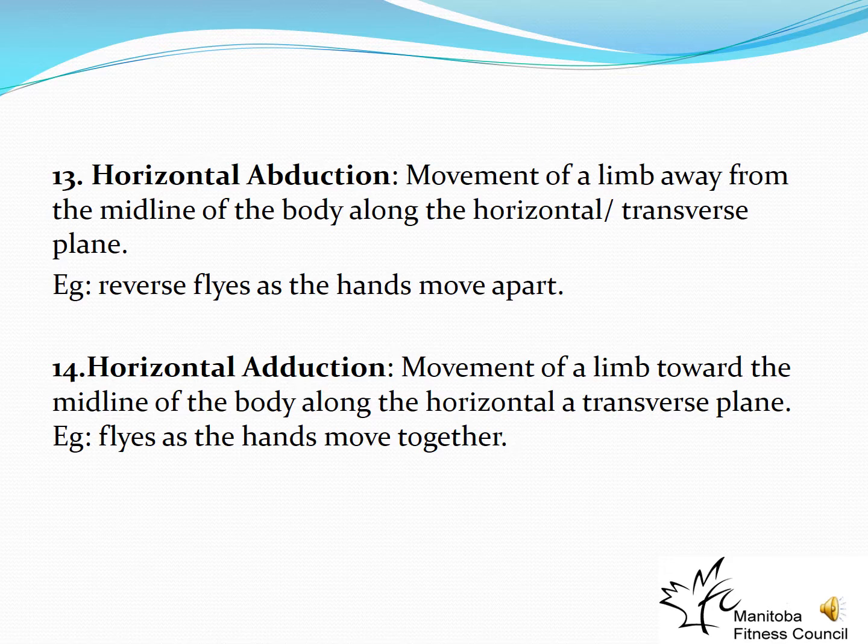The other time that we use a lot of horizontal abduction and adduction is the push-up at the shoulder. In the most basic visualization of a push-up, when I'm on the ground, my shoulders are horizontally abducted, and as I push up, I would be doing horizontal adduction or horizontal flexion of my shoulders.